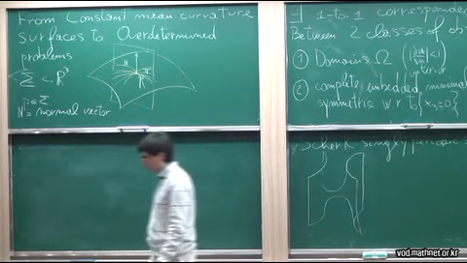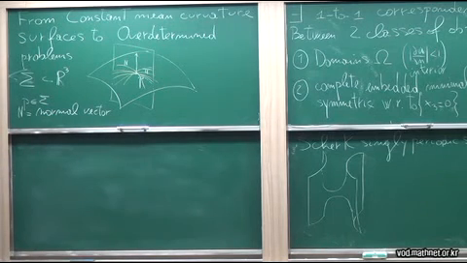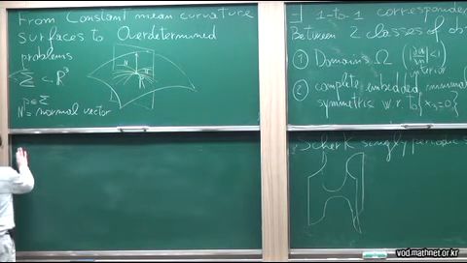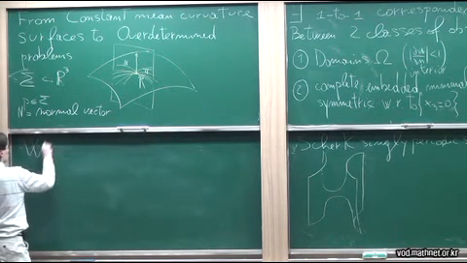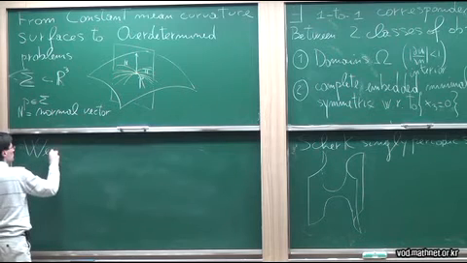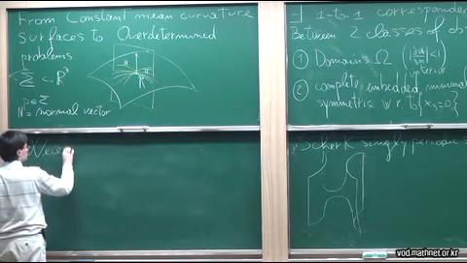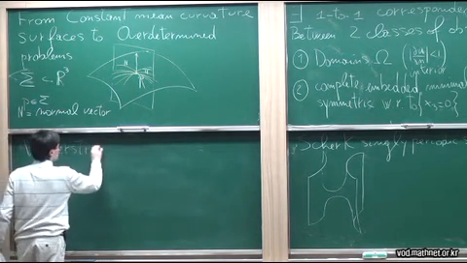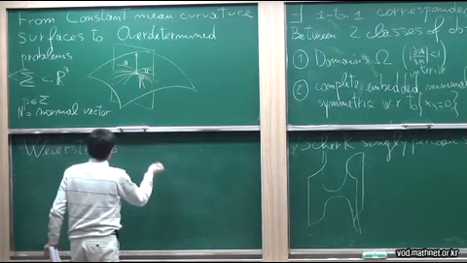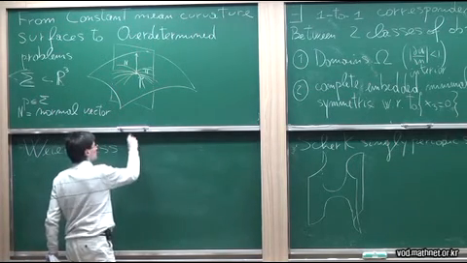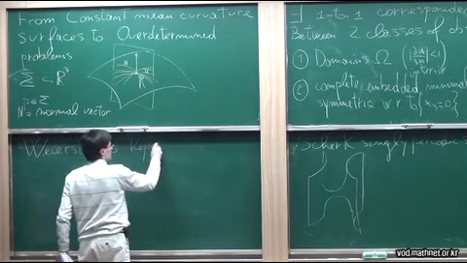Minimal surfaces in R3 are special. Why? Because we have a very powerful tool to construct them, which is the Weierstrass representation.